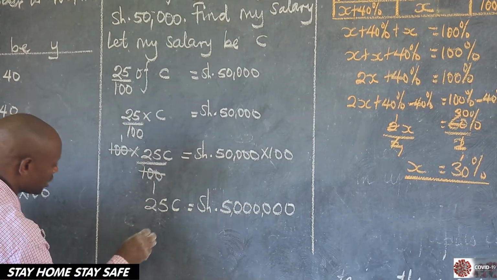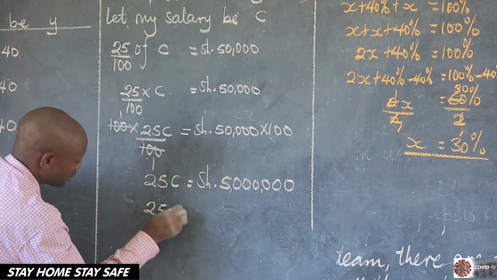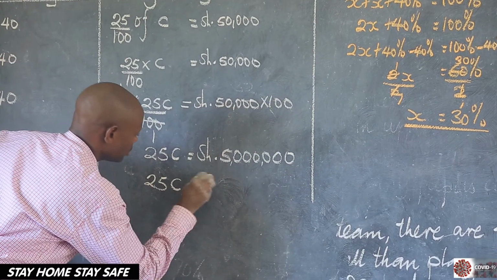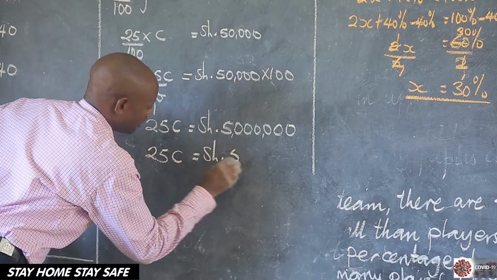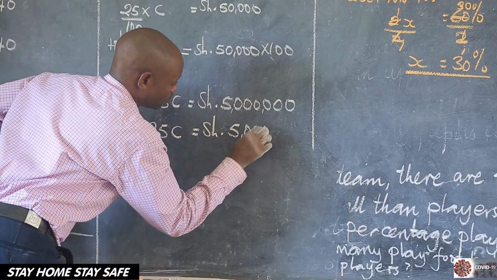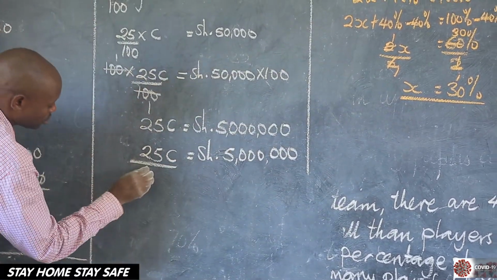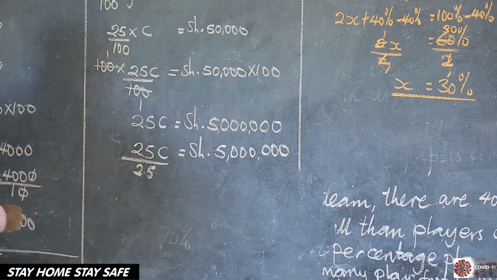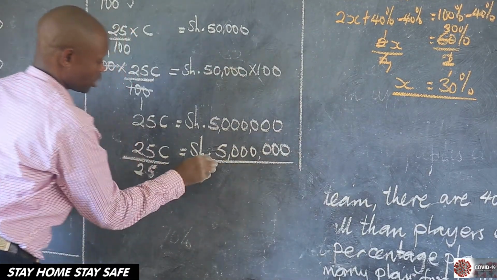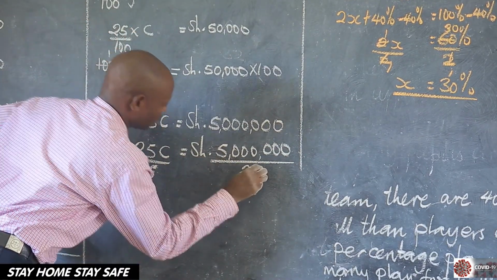Therefore, we shall have 25C equal to 5 million, which should be divided by 25 here, and the other side, we divide by 25.